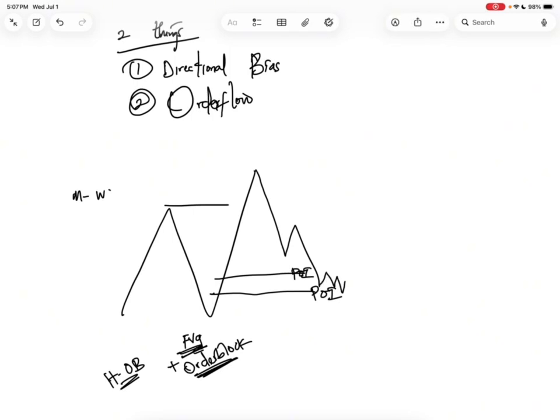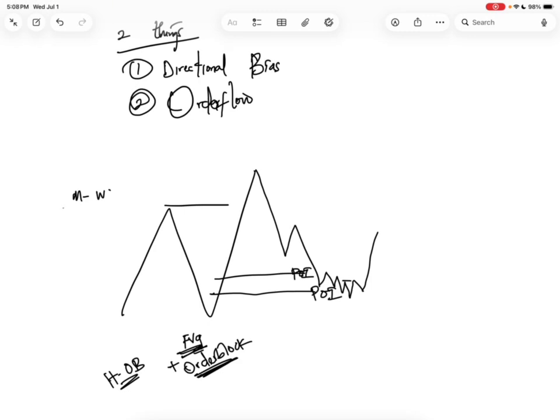Then it is at that point that I will consider looking for possible reversals. I've explained this in the last video. You can go to my X highlight to check it out and watch it, and then you would understand it better.